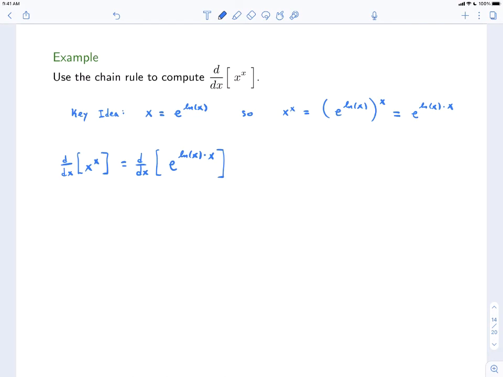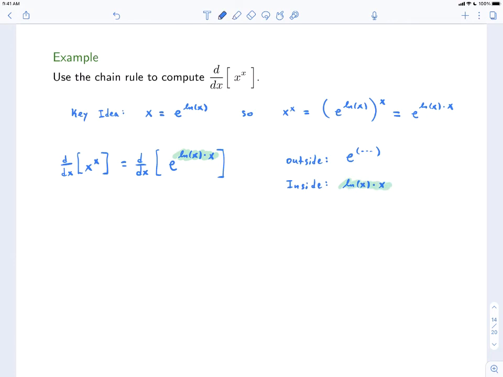Now this is e to a thing, so we can use the chain rule here. Our outside function is e to the something. And what about our inside function? That's ln of x times x. So we want to use the chain rule on this composition. So our inside function is the thing in the exponent.